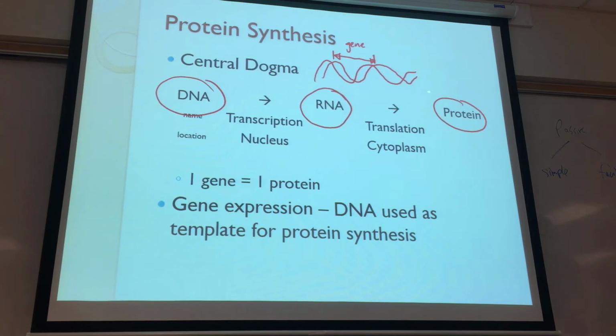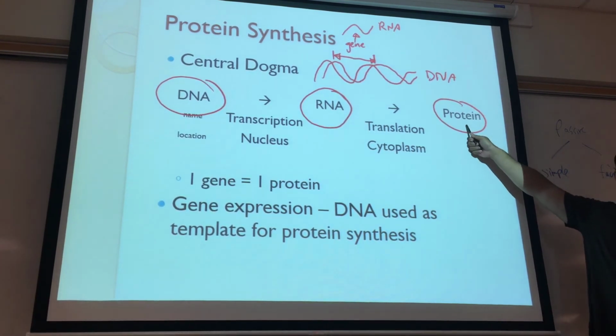Now, if the DNA right here is the entire library, RNA is like taking a Xerox copy or a photocopy of just one section. So the gene represents the area that we want to target, and we're going to create a single strand from that gene. And this is going to become our RNA. That RNA is going to undergo some modification so that it can create the blueprints for that protein.